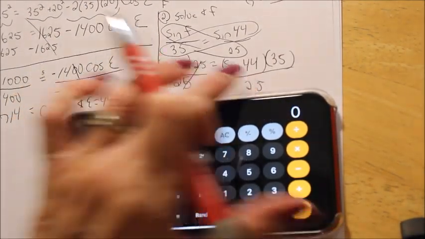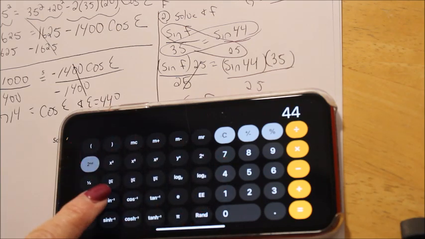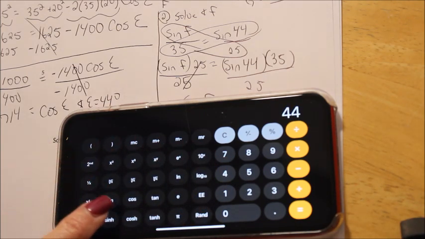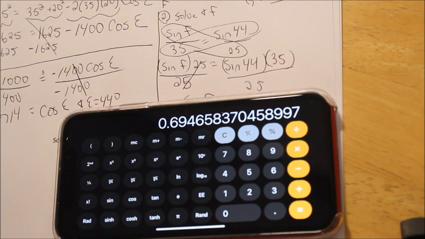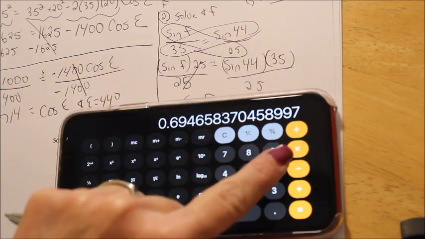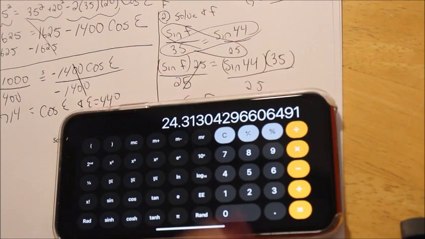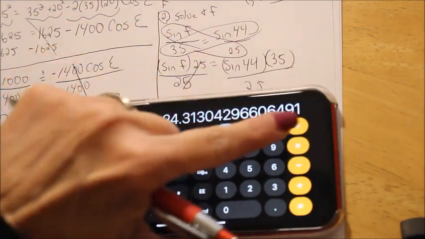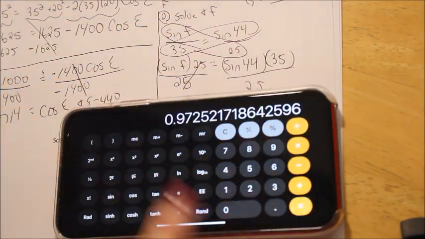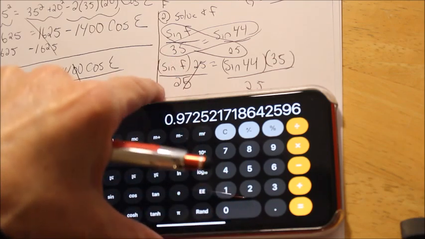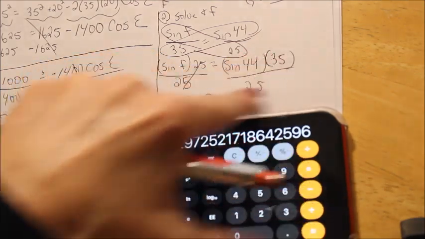So once again, I'm going to start with the sine of 44. Oops, shoot, I'm on inverse again. So you just want to be on the regular sine. Times 35. There's my numerator. I'm going to divide that by 25. There's my decimal. Now, remember that's going to be this whole thing here.